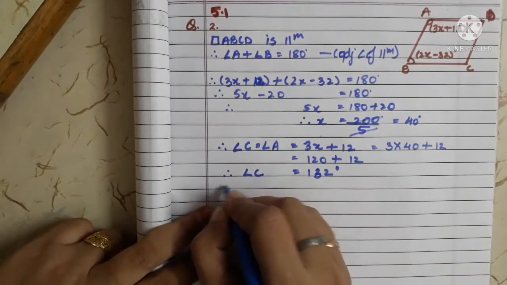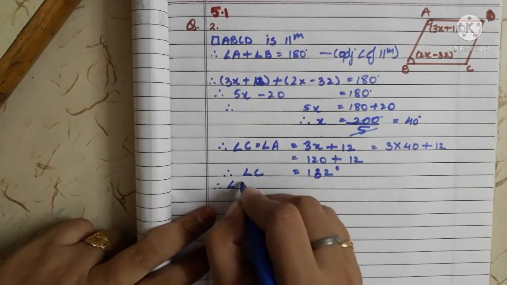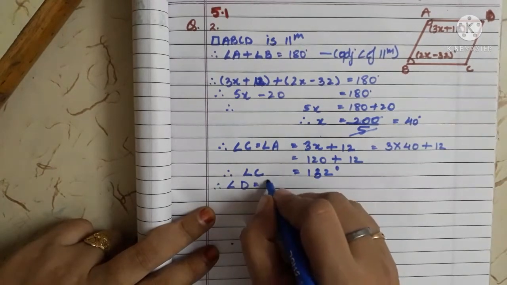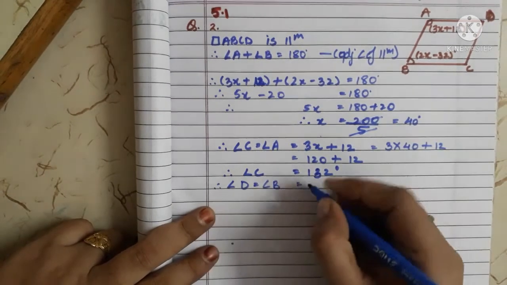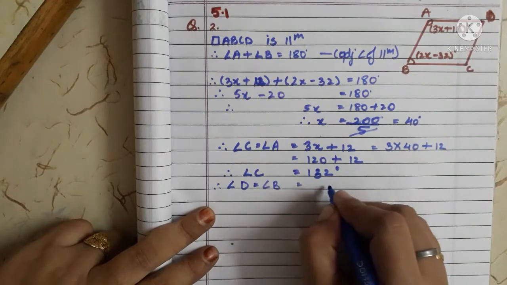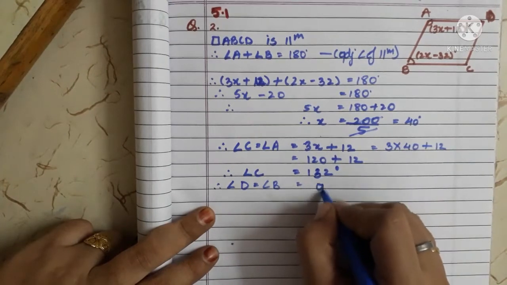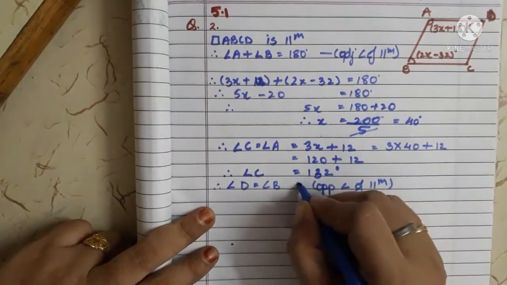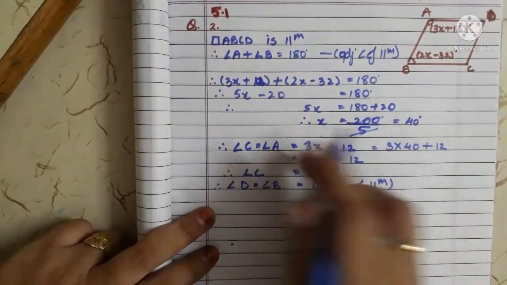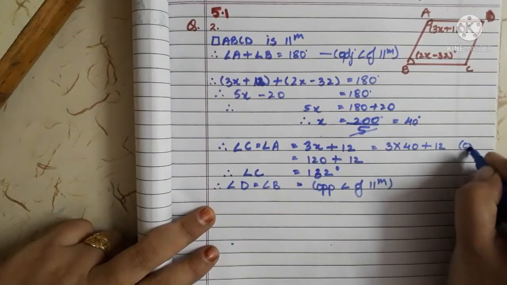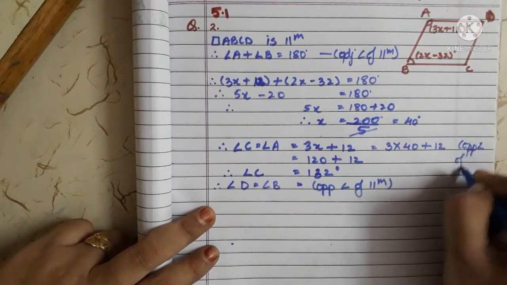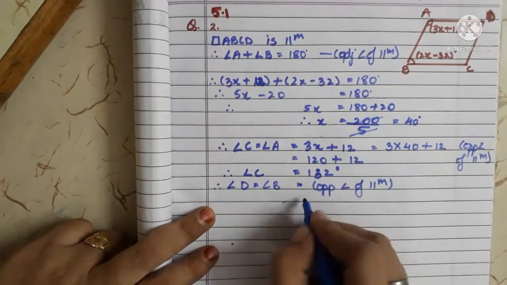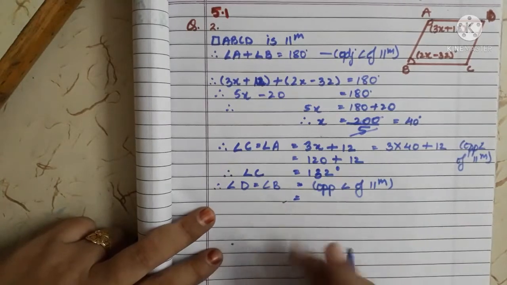Now angle D will be equal to angle B. What is the reason? Opposite angle of parallelogram. Here I have not written the reason, but here also the reason is opposite angle of parallelogram. Now we will do the substitution.